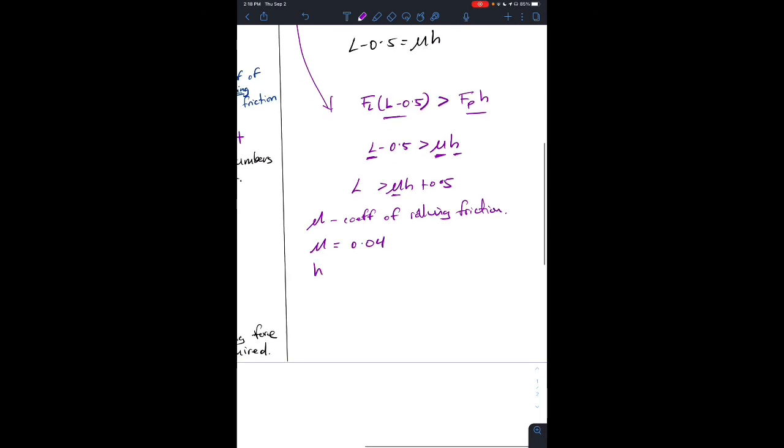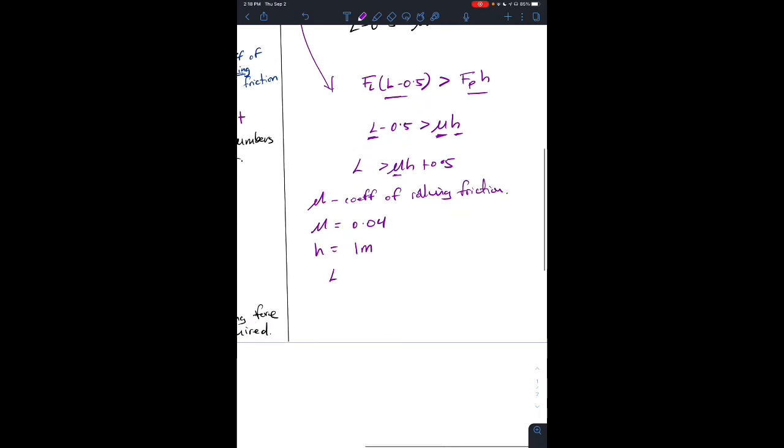We say h is approximately 1 meter, just above waist height, where you would actually hold this thing and push. So now we could say L should be greater than 0.04 times 1 plus 0.5. So L essentially should work out to be greater than 0.54 meters.